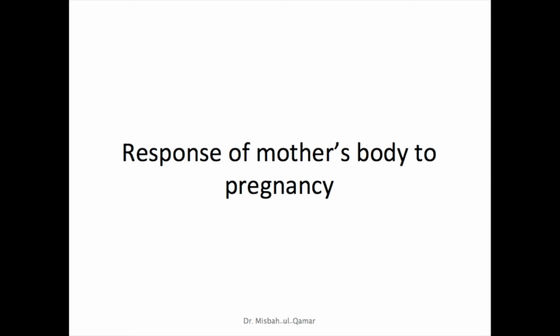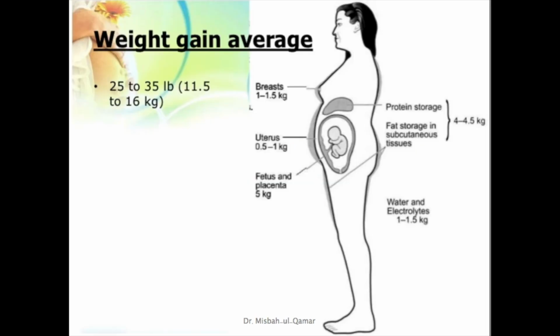Let's see now what other ways the mother's body responds to pregnancy. The average weight gain during pregnancy is about 24 pounds, with most of this gain occurring during the last two trimesters.